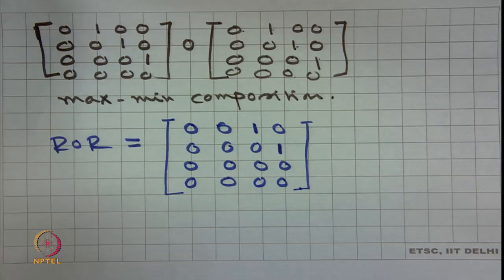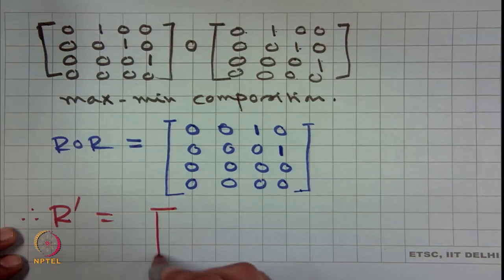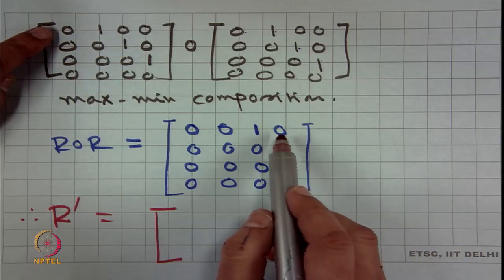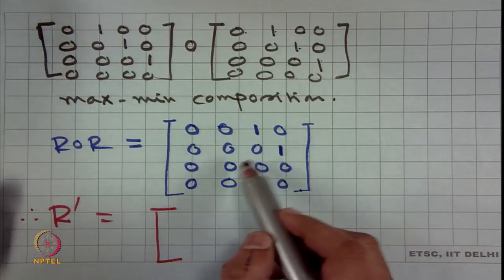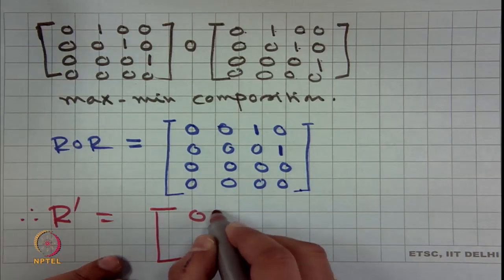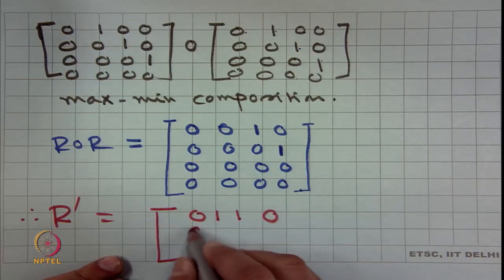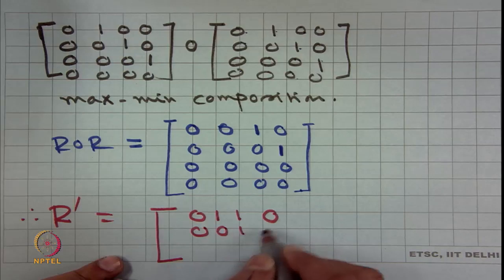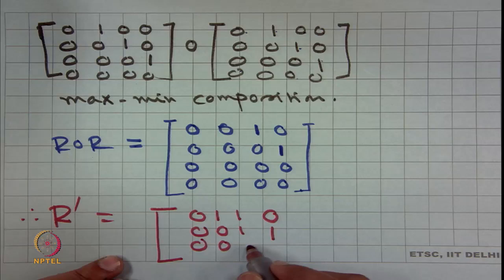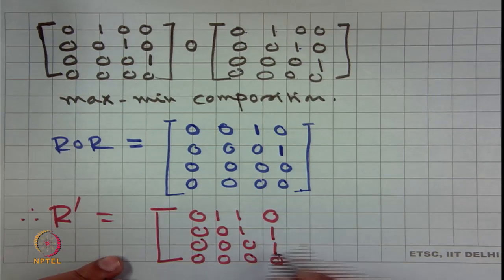Therefore, R prime is equal to, now we take the union, that means element wise we take the maximum of original R and R composed with R, and therefore, we get 0 1 1 0; 0 0 1 1; 0 0 0 1 and 0 0 0 0.